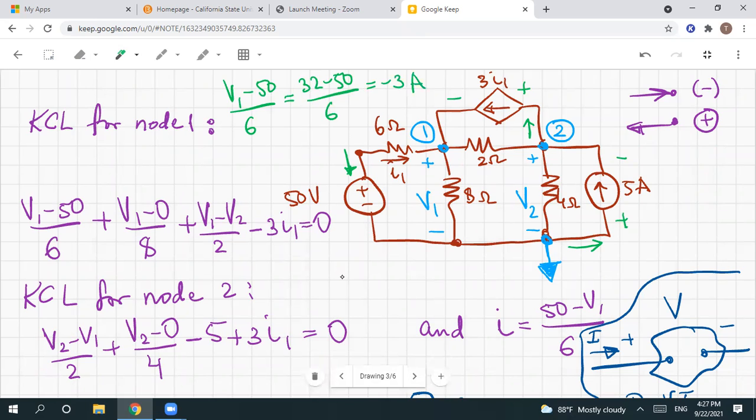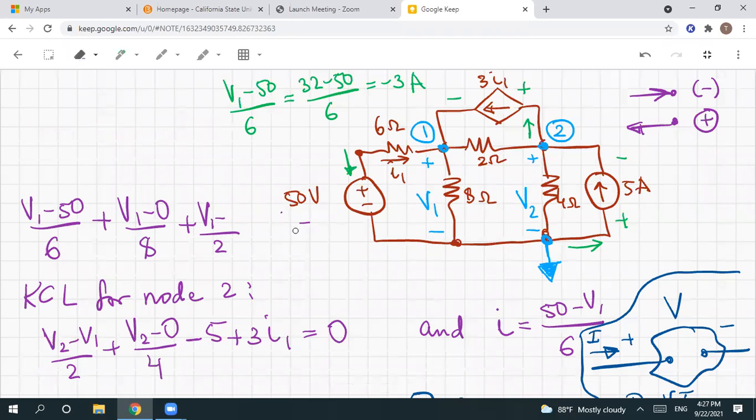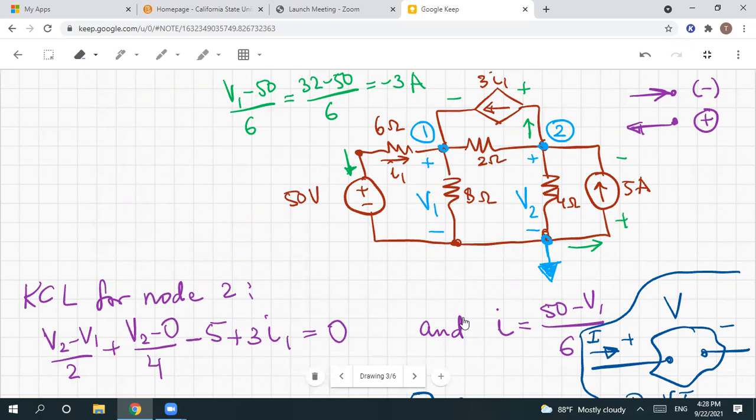Negative 3 amperes. Okay, and the power for this source, P of the 50 volt source, will be the voltage times the current.